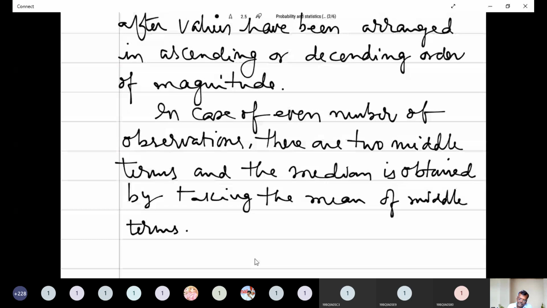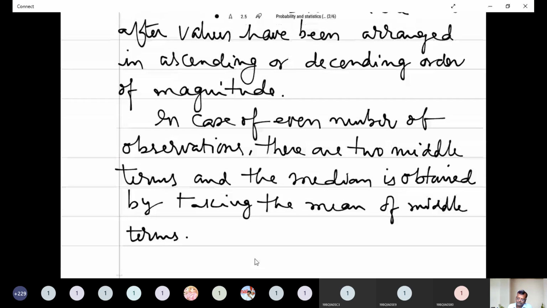Now coming to the examples that we have done previously. Here, the number of terms is odd, so the middle term is the median. The total number is 5, and the median is 20.